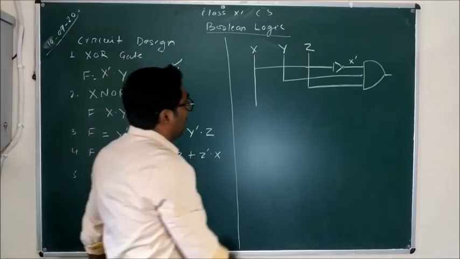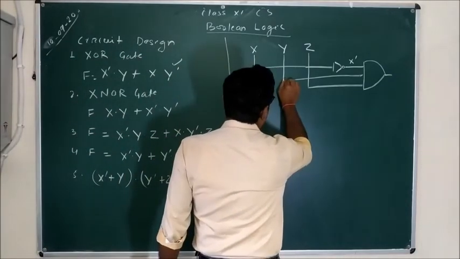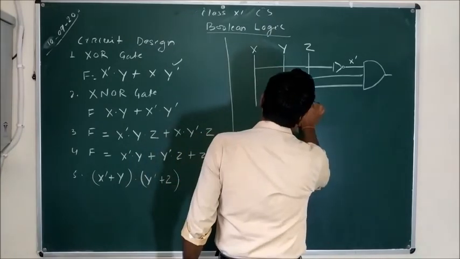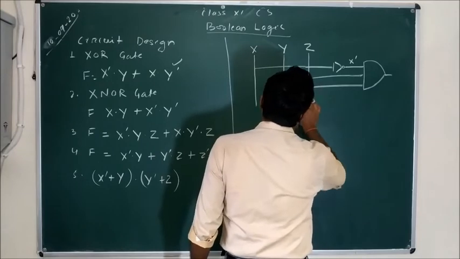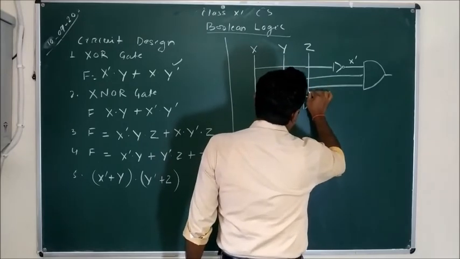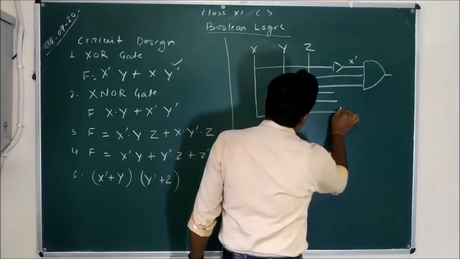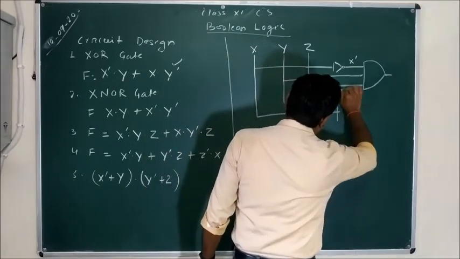Now come to the second term. Here y is passed through NOT gate. So I am passing y through NOT gate. Z, normally taking z, and x is also taken normally.